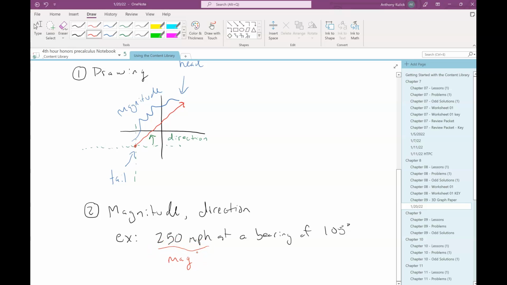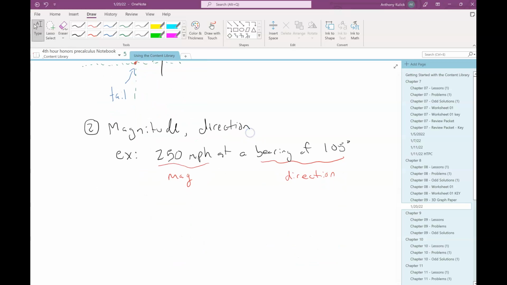In this case, the speed is representing the magnitude, and the bearing is representing the direction. And we've seen problems in first semester like this, right? I think we did some navigation story problems that involved things you could think of as vectors.